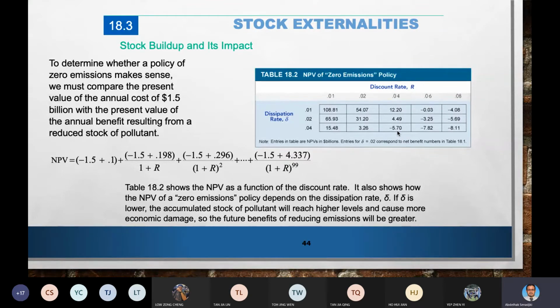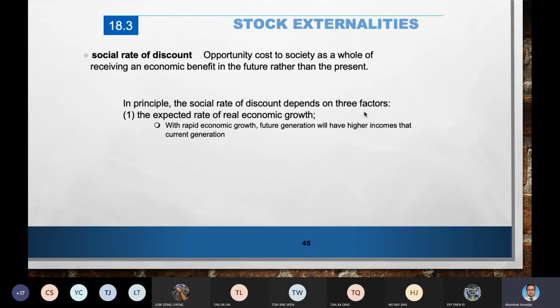Since lambda is 0.005, the damage is huge. And if those countries don't take action, the future is uncertain or problematic.